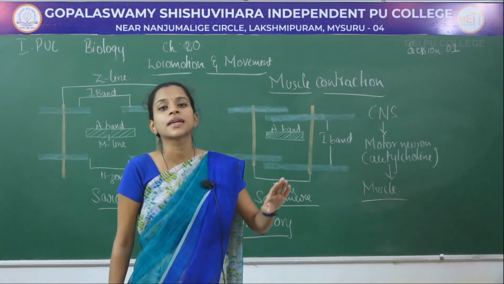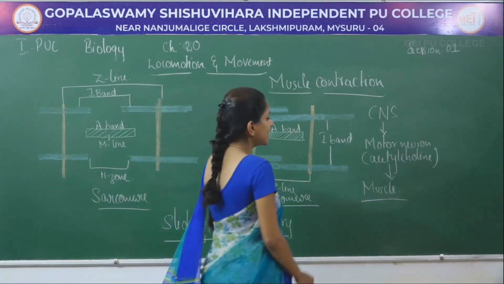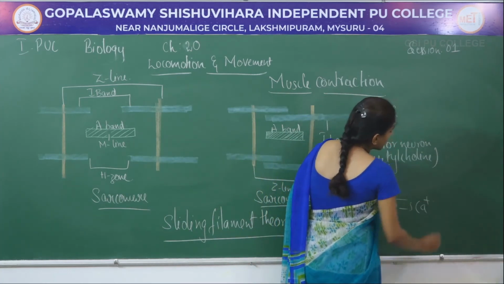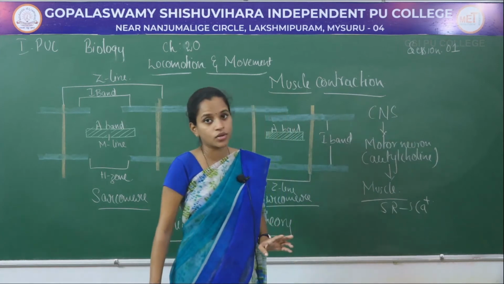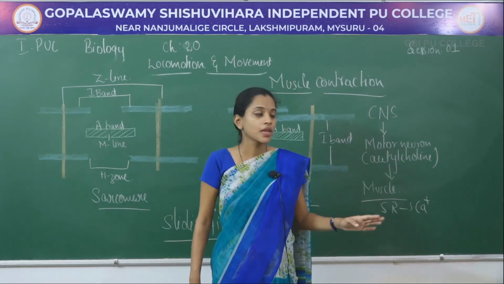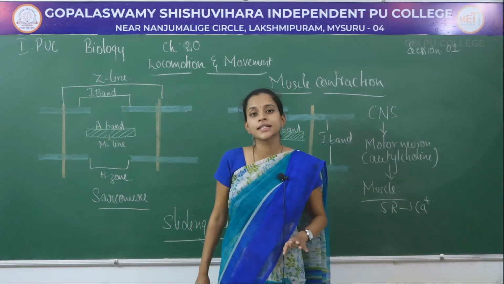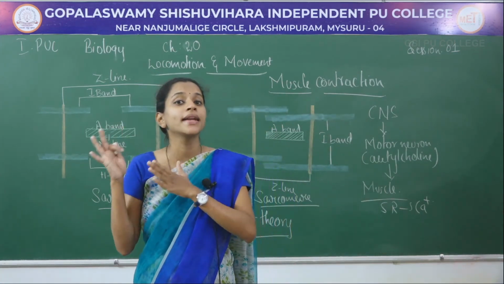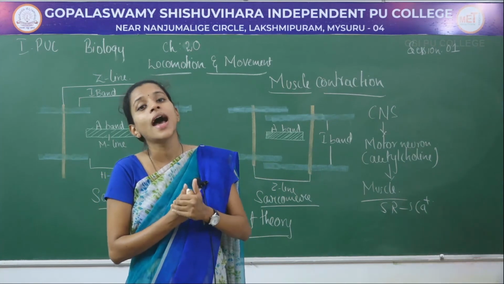This sarcoplasmic reticulum will start to release calcium ions into the sarcoplasm. Once the calcium is released into the sarcoplasm, it will go and bind to the troponin of the actin molecule.